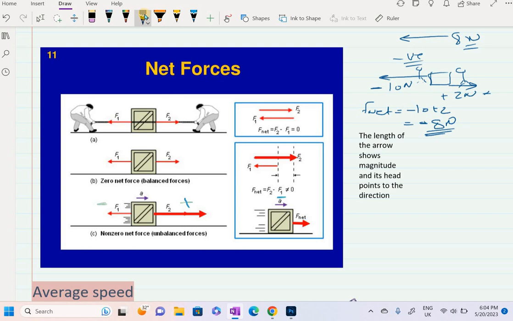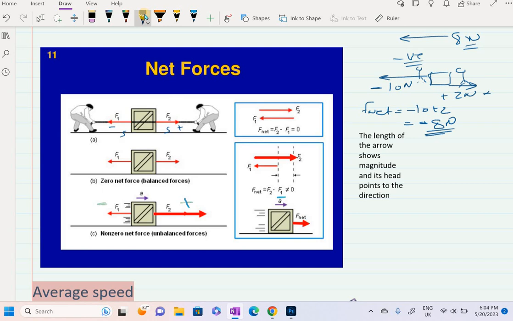If F1 equals F2, in opposite directions, the net is 0. For example, 5 minus 5 is 0, so no acceleration, no motion. It will stay stopped as it is.